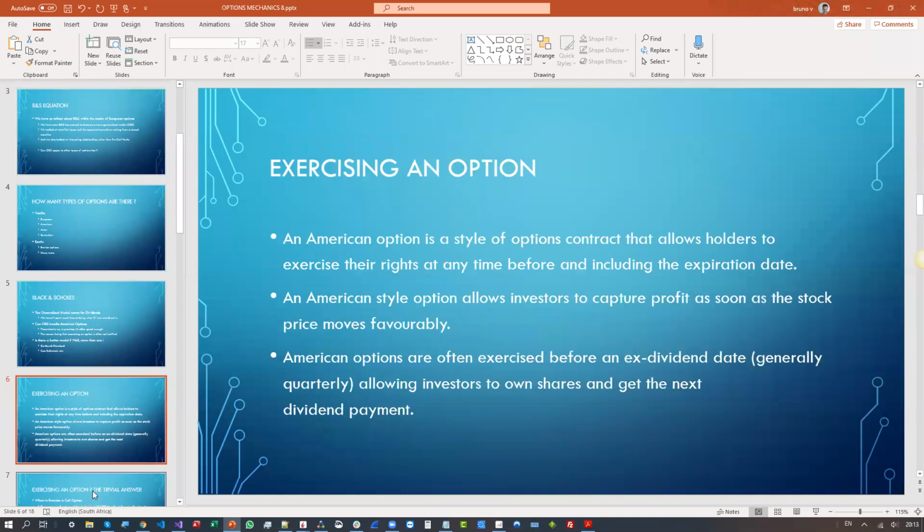So what is it about exercising an option? I'll come back to the very definition of it. An American option can be exercised anytime before and including the expiration date, so that you can capture profit. So you turn, for example, a call into stocks because you have a right to buy.